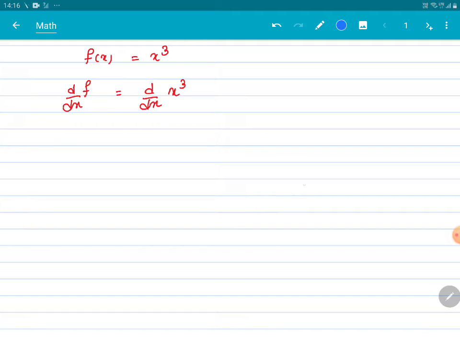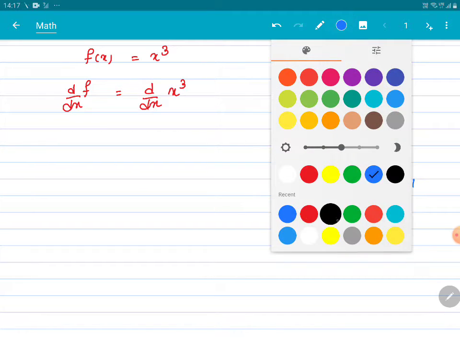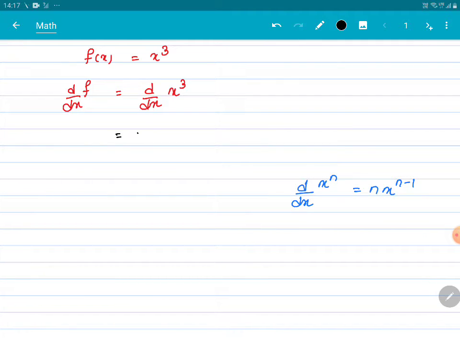One formula, remember this: the derivative of x power n is n x power n minus 1. So the derivative here is 3x square, since it is 3 minus 1, that is square. Clear? So the derivative of x square is 2x.